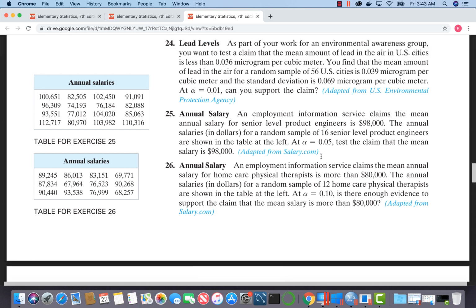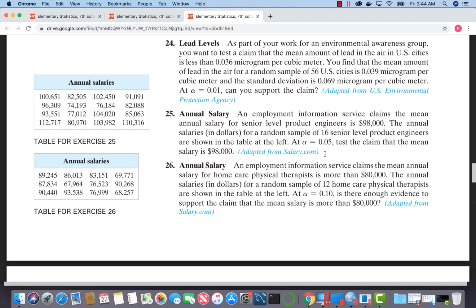Now, to do this problem, we want to go straight to SPSS. But before we do that, let's determine our rejection region. We're looking at a sample of 16 salaries.